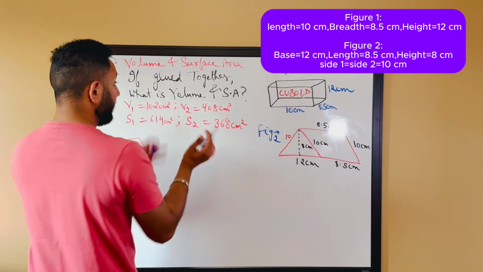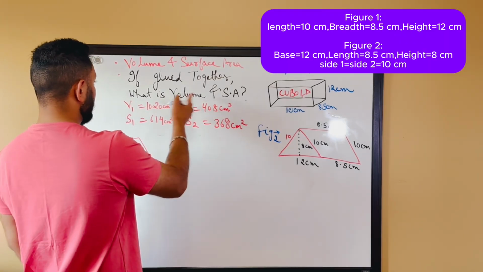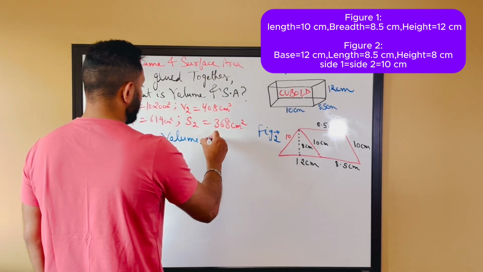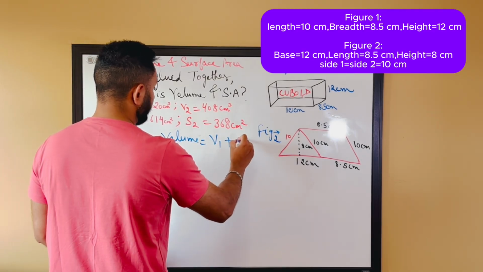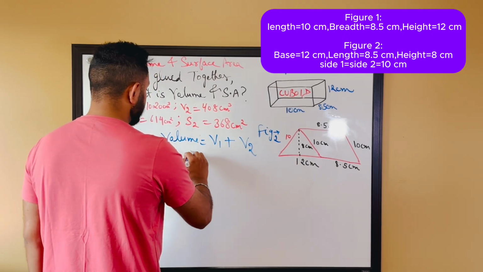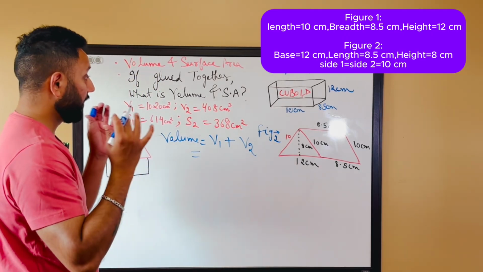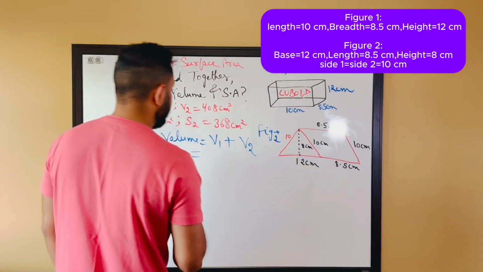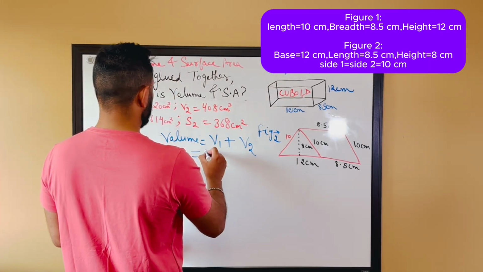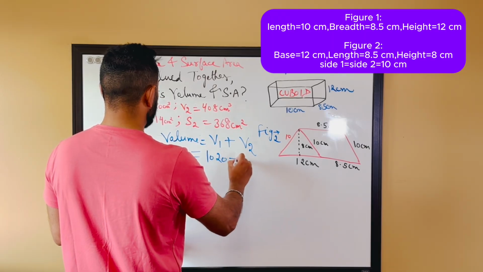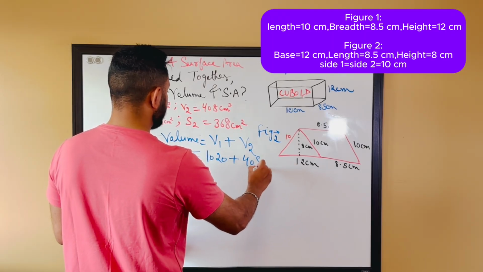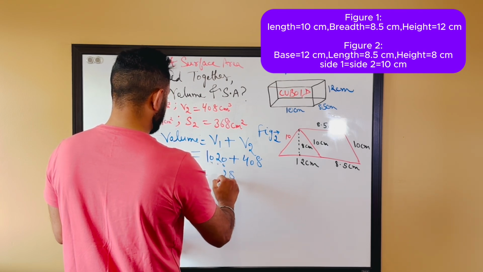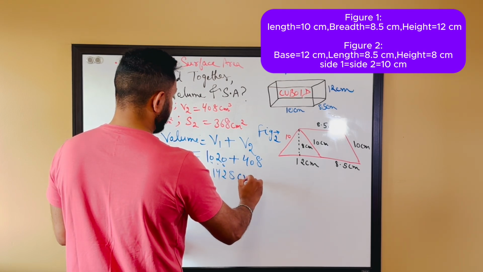If we glue together, what is the volume? The volume will be the volume of the first figure plus the volume of the second figure, because volume is basically how much space is occupied by a figure. So 1020 plus 408 comes out to be 1428 centimeter cube.